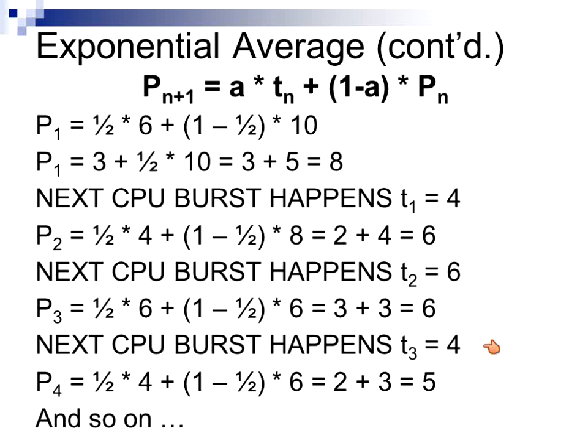Now this time, the CPU burst happens and it's only 4. I go through the calculation again, and here when I say I, I mean I'm the scheduler. I go through the calculation again, and now I think that the next CPU burst is going to be 5, and so on.